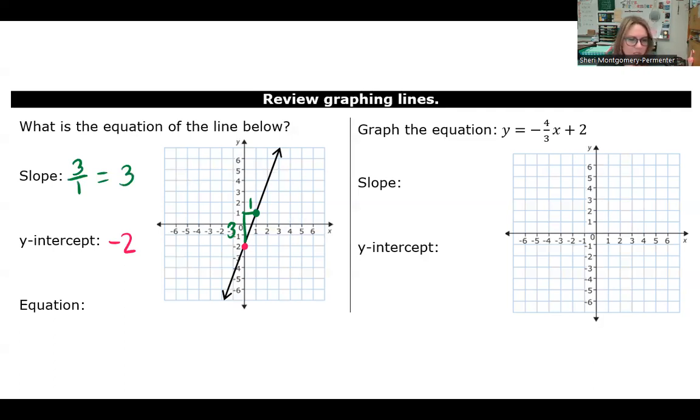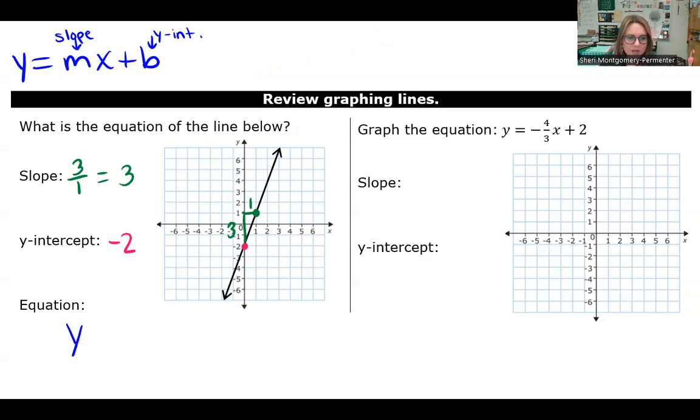When we write an equation, we can write it in slope-intercept form. So slope-intercept form is y equals mx plus b, where m is the slope and b is the y-intercept.